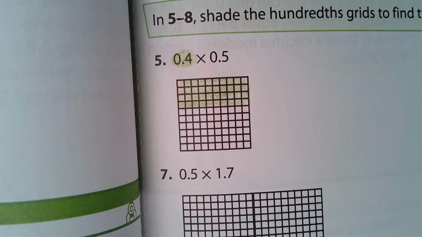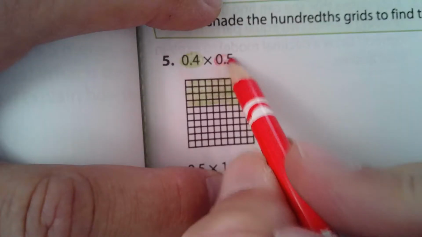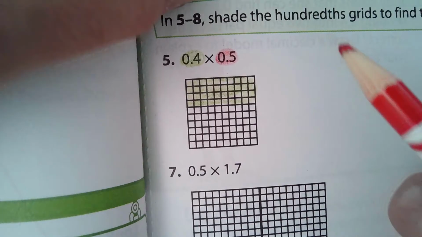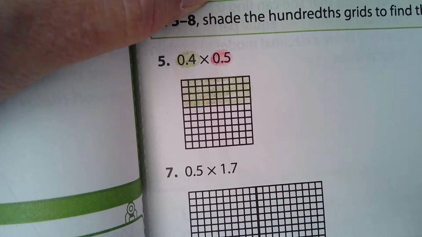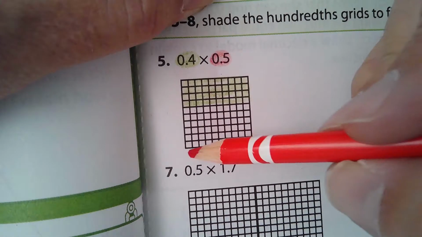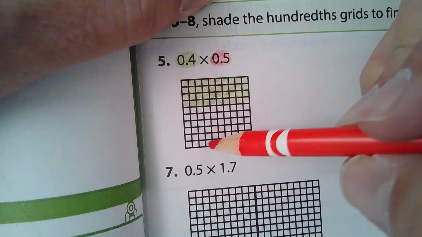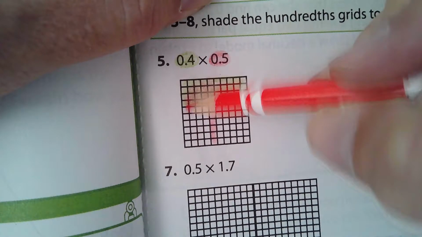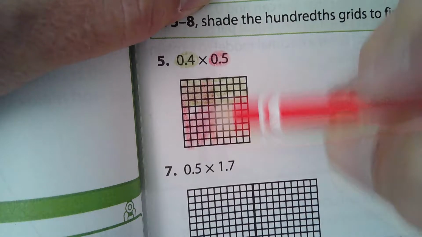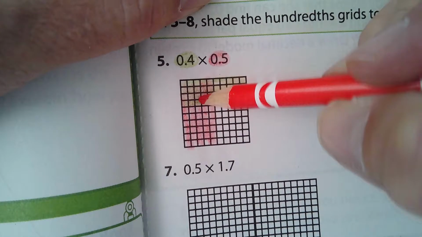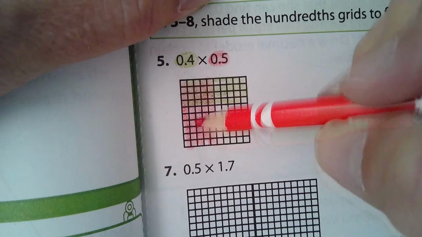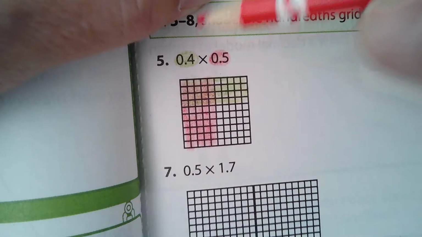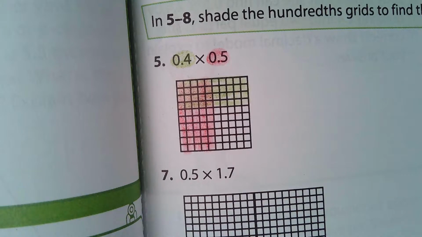Then I'll use red, and then 0.5. And now I'm going to go vertically. 1, 2, 3, 4, 5. And you can kind of see the overlap.